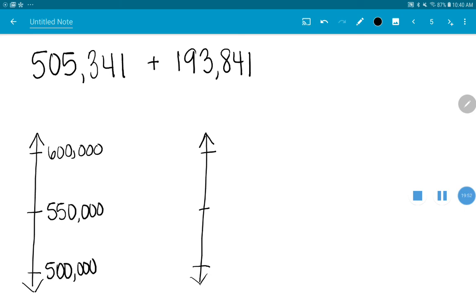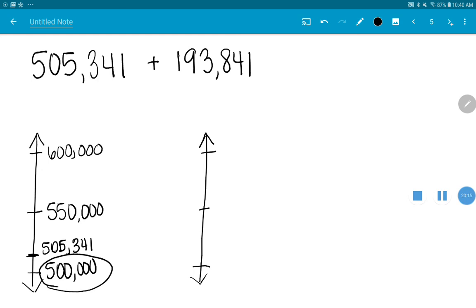So 505,341 is just a little more than 500,000. It's just 5,000 more. Is it closer to 500,000 or 600,000? It's closer to 500,000.